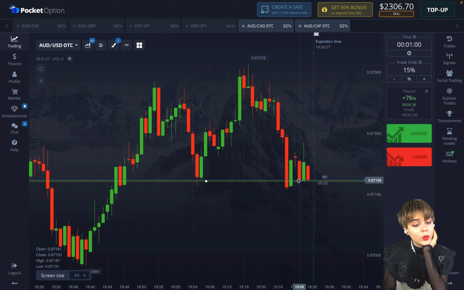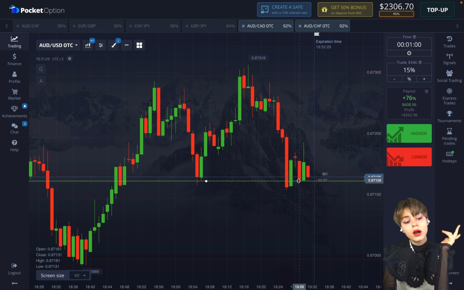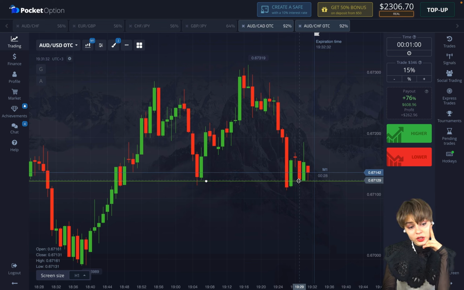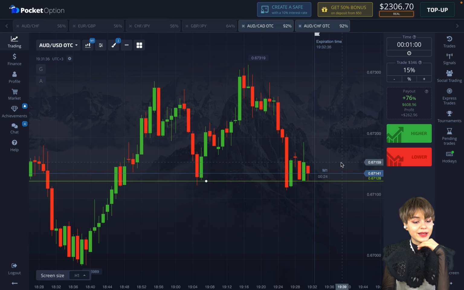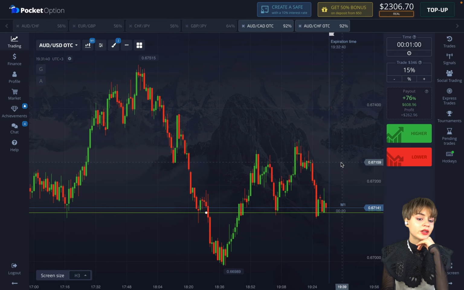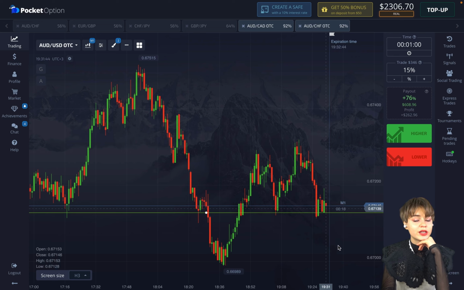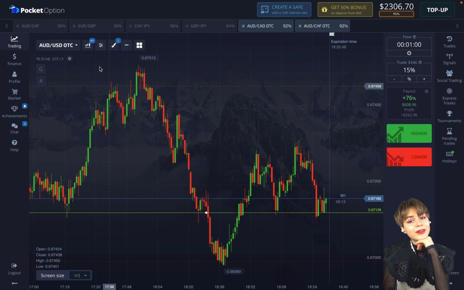So the next time I opened two deals again with higher, and from the support zone as well, we rolled back, so we drew a green candle and managed to earn. I don't see any confident level here, we're likely to go down, so let's switch to the next currency pair.